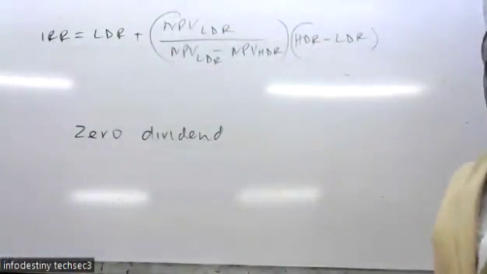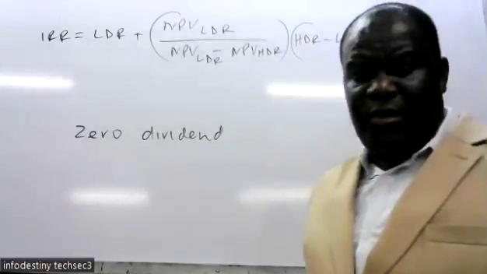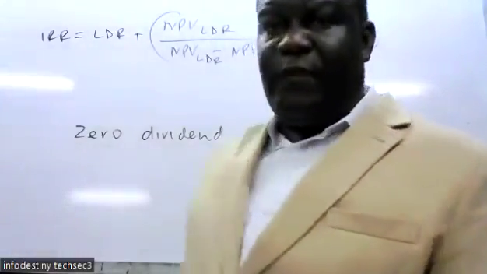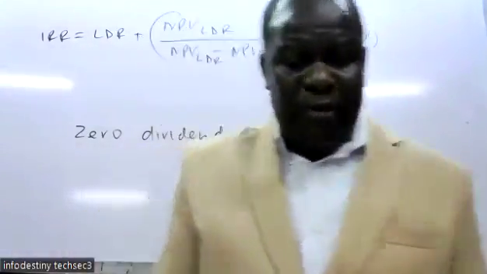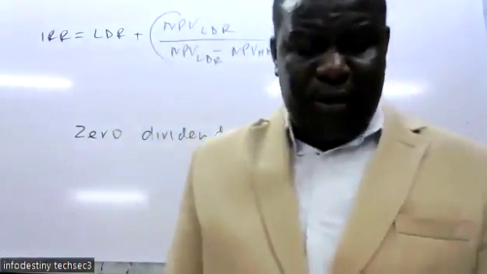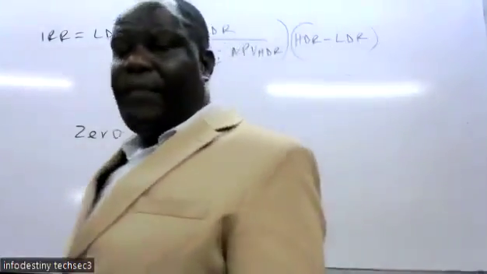So let us start with the first one, which is constant dividend growth rate ordinary shares.